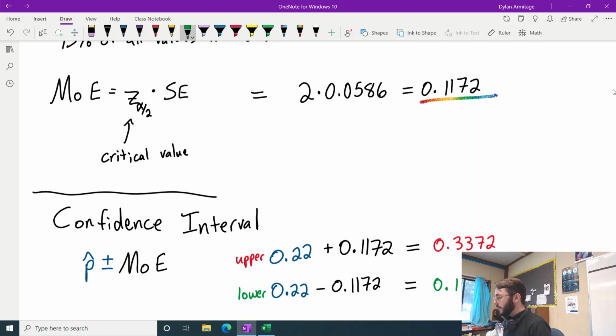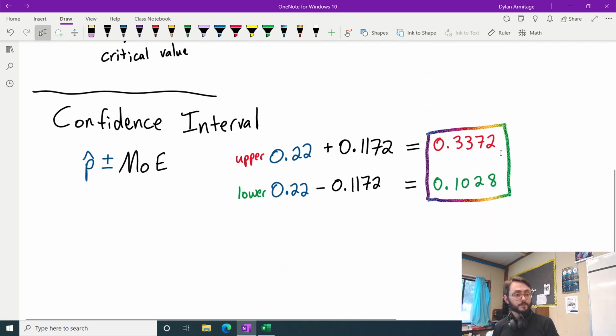Okay. So these 2 numbers on their own are the confidence interval. Okay. So now we can say that we have about 95% confidence that the true population proportion in this case is between about 0.337 and 0.103.